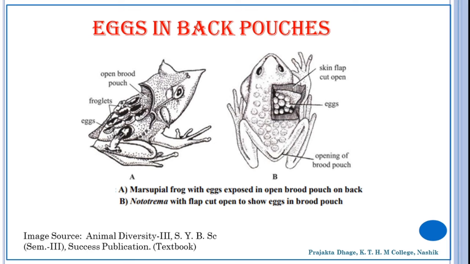The skin of the female's back becomes thick, vascular, soft and gelatinous during the breeding season. The male presses the fertilized eggs against the female's back. These eggs then sink into individual pits.